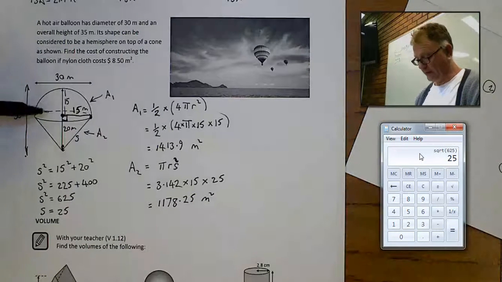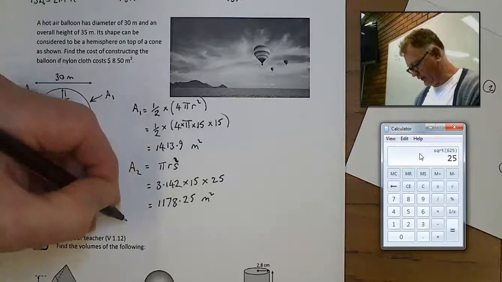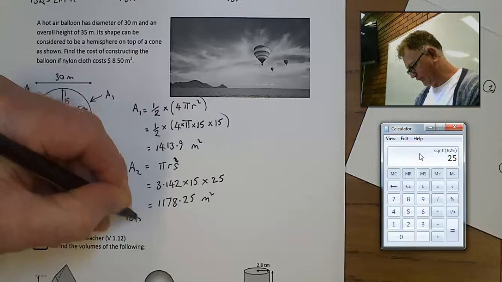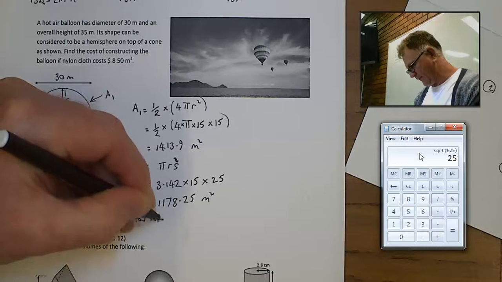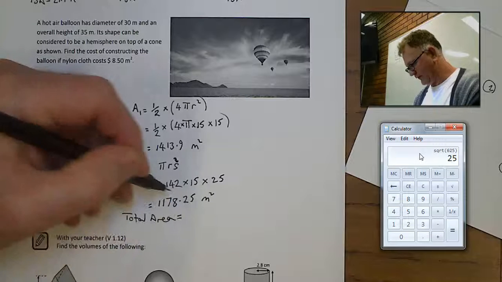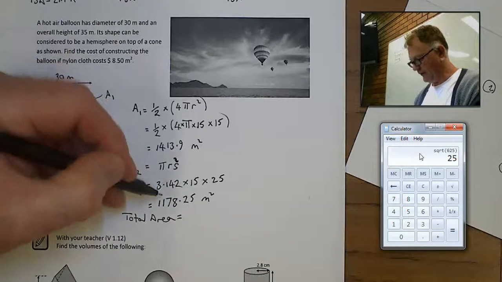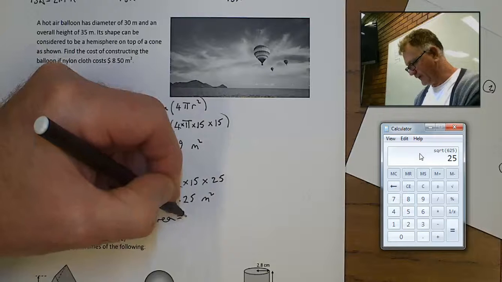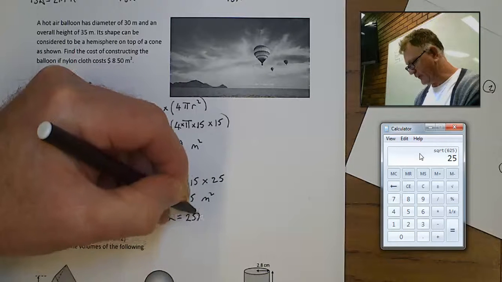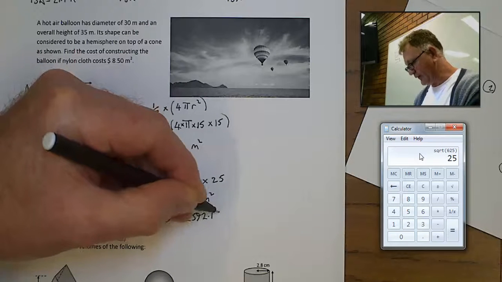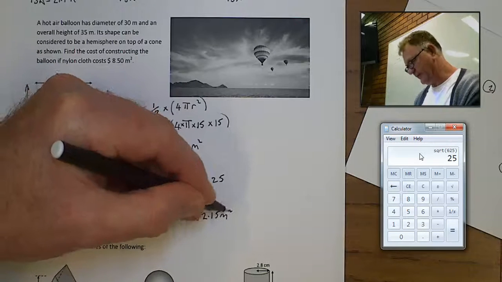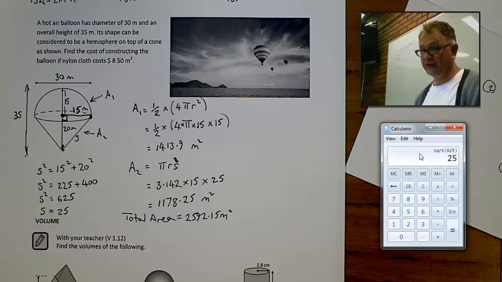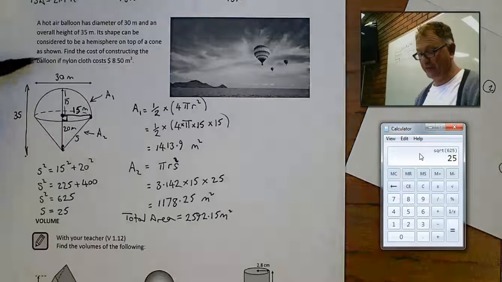So I've got my area for part 1 and area for part 2. The total area is those two things added together, 2,592.15 metres squared.